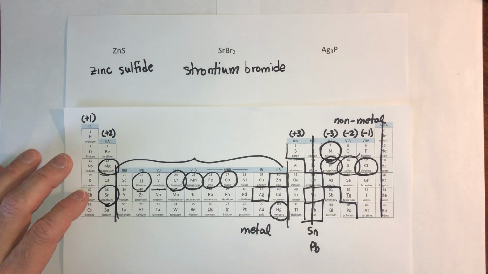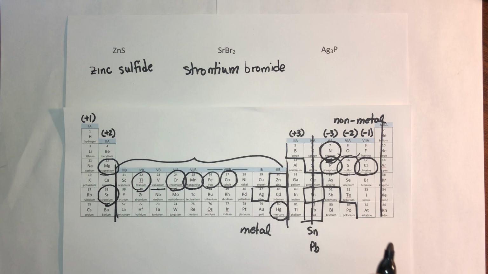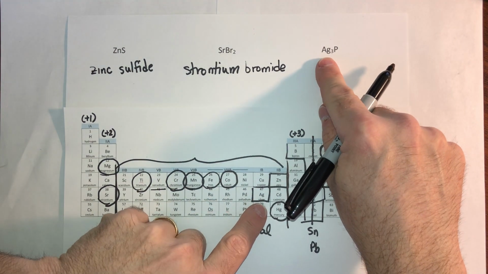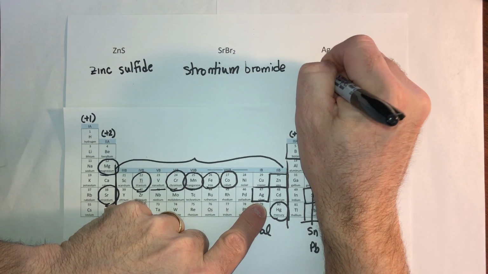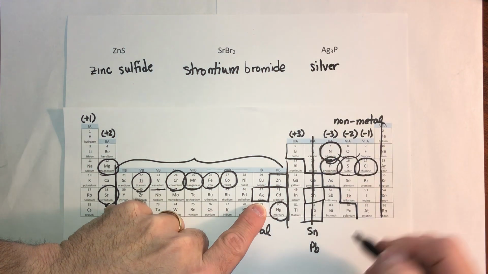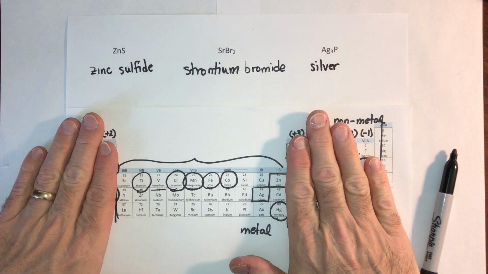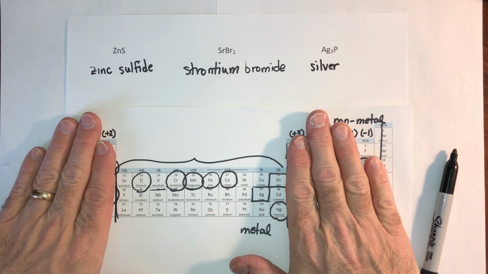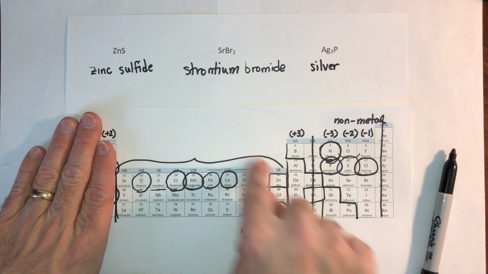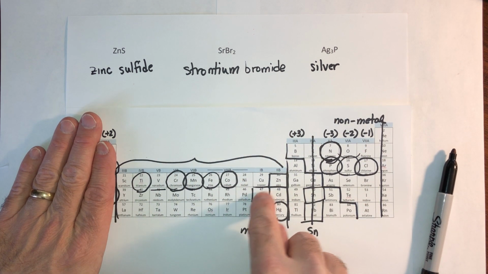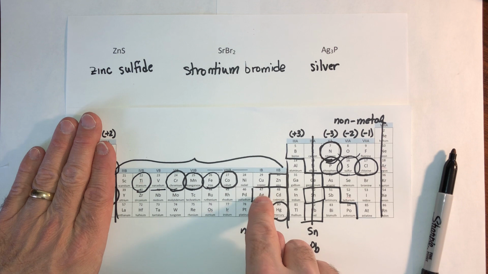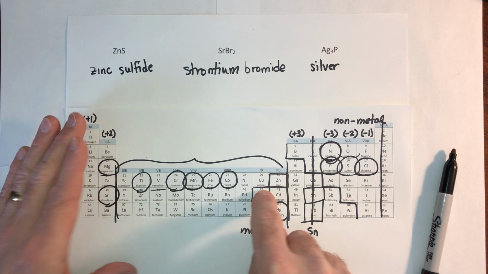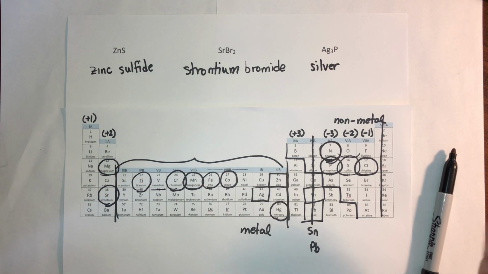And our last one. Ag is silver. Silver is a transition metal, but it's an exception. Transition metals need Roman numerals except for silver and zinc. If it doesn't need a Roman numeral, don't write one.